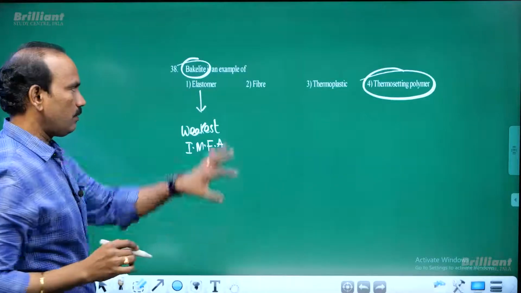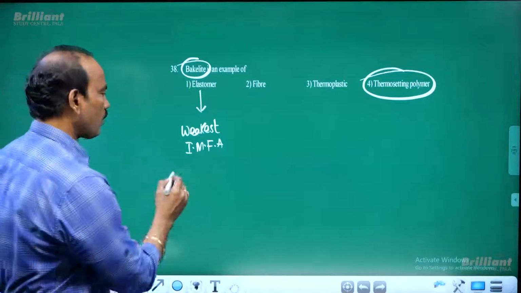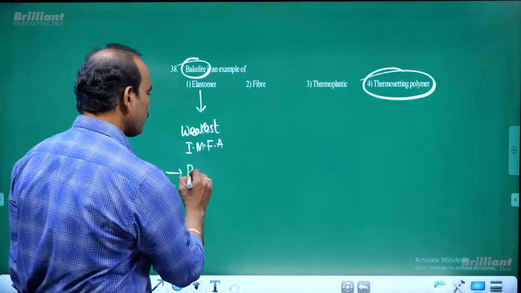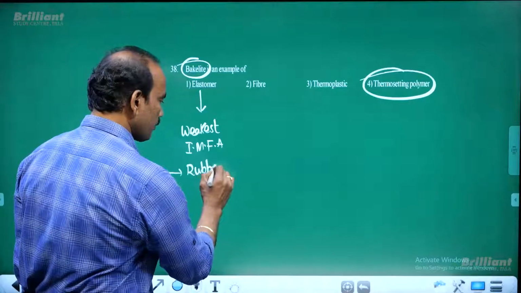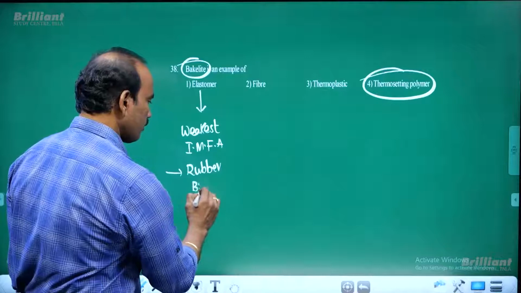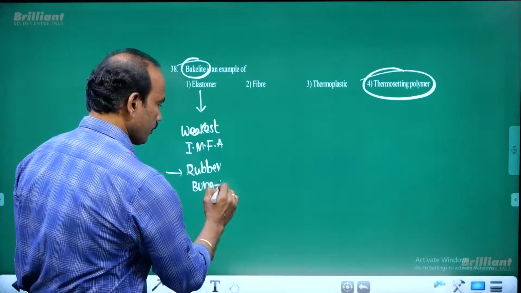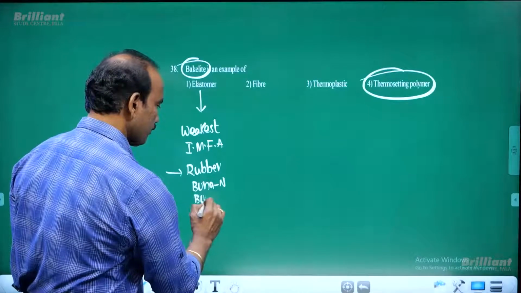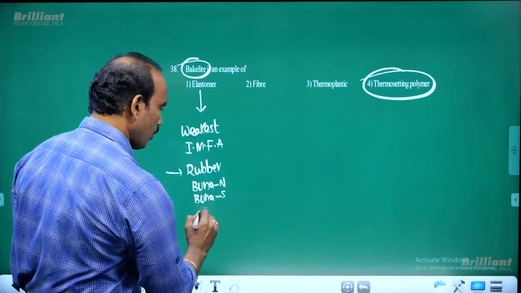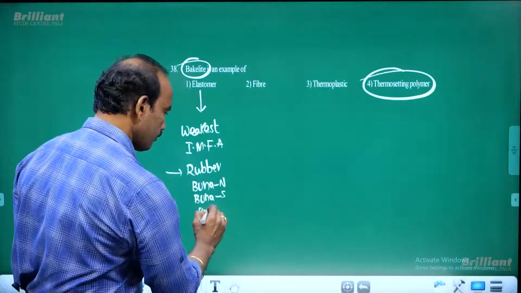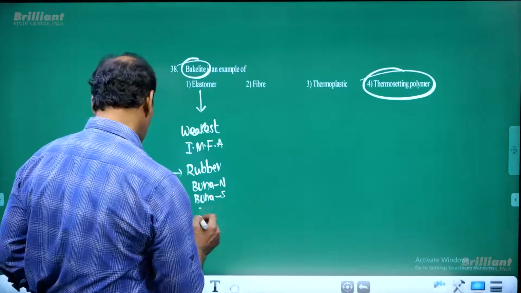That type of polymers are called elastomers. What are the categories? Rubber, then buna rubber, then vulcanized rubber.